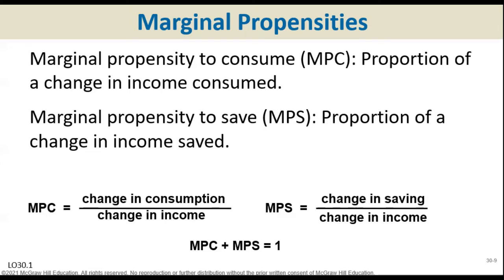What is the proportion of that change that you allocate to consumption? In the same way, the marginal propensity to save is the fraction or the proportion of any change in the income that is saved. Again, if you add both marginal propensity to consume and marginal propensity to save, you will get 100%, which is equal to 1.